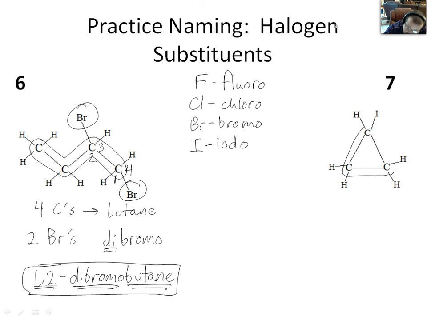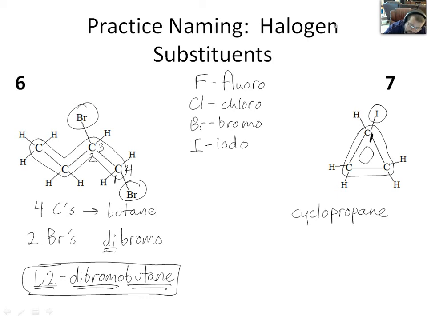Now, let's tackle number 7, since we've got number 6 named. Parent chain is 3 carbons. We haven't come across a 3 carbon yet. And I've got 1 I group that's hanging off of it. My parent chain is in a cycle, so we're going to call it cyclo, and the prefix for 3 is prop, so cyclopropane. And then since I only have 1 group hanging off in a ring, you can choose anywhere to start, so I'm going to name this the number 1.